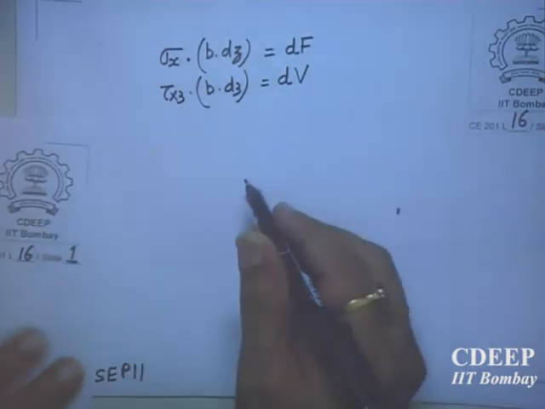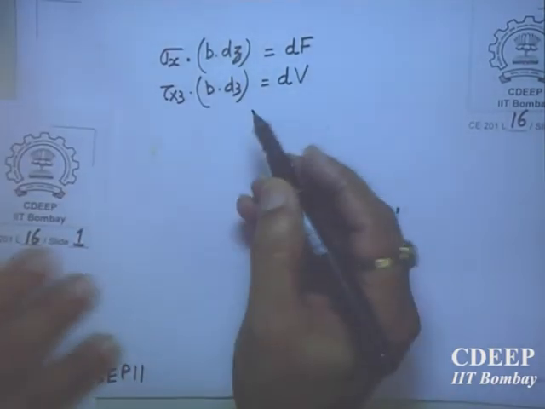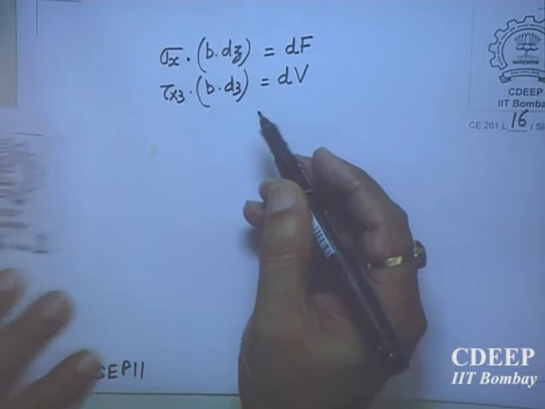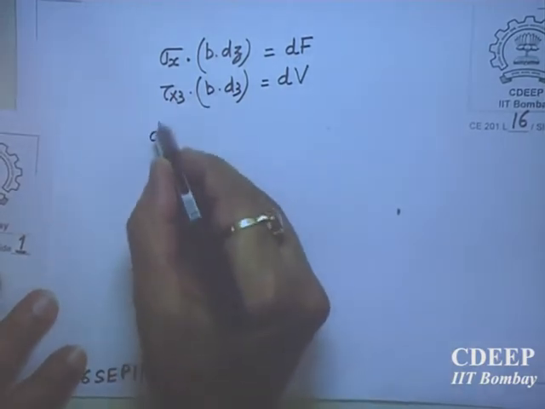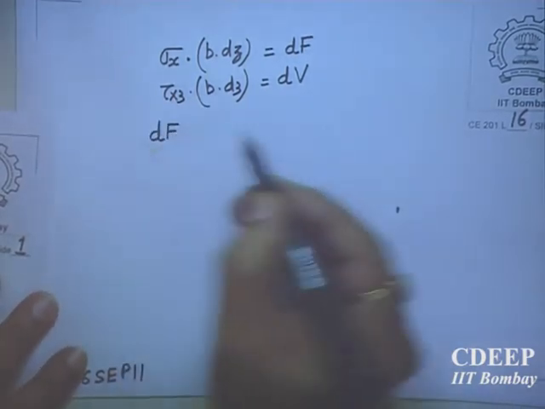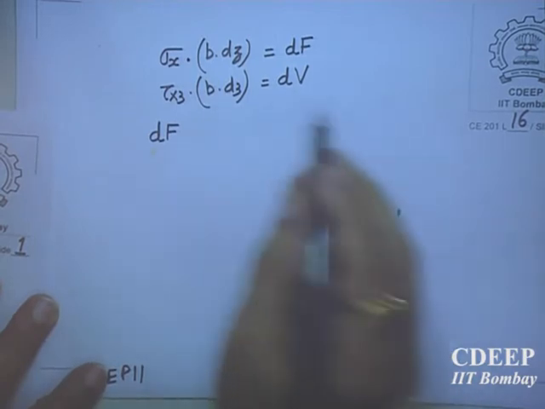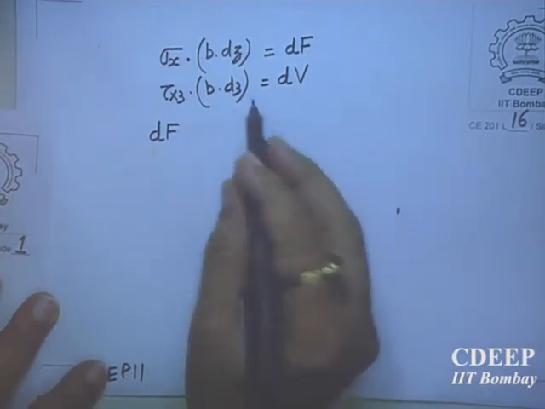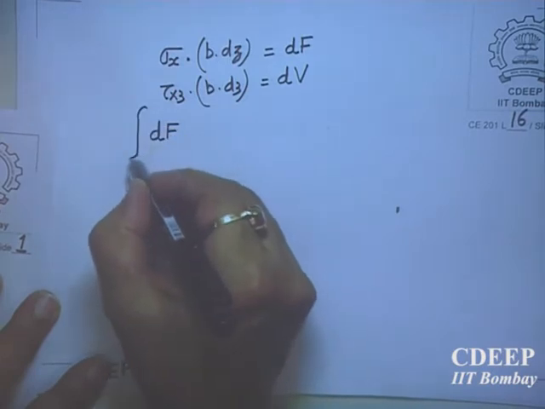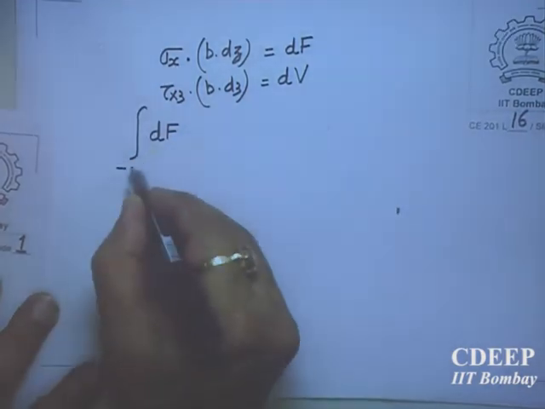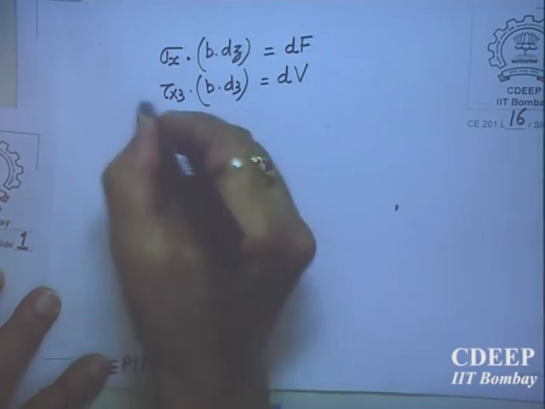Now I will take this dF and integrate it from minus h by 2 to plus h by 2.